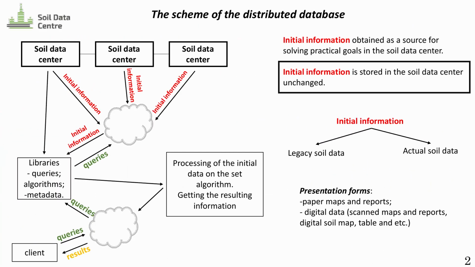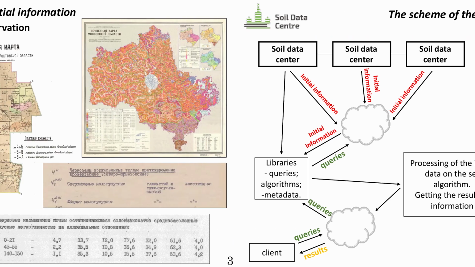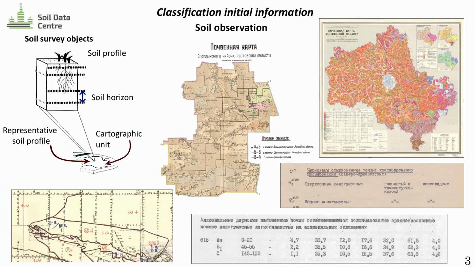One of the important roles in the development is to load new initial information into the distributed database. Information is divided by observation year, scale, data source, object of observation.